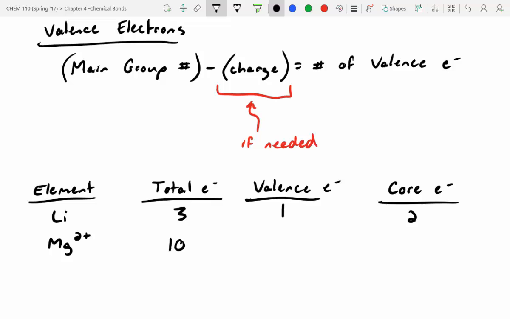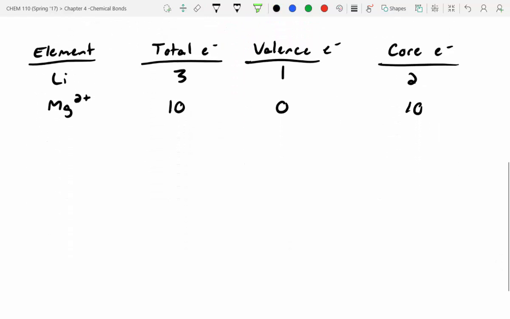Okay. How many valence electrons do you think magnesium has? 2. It normally has 2, but if we take away 2 electrons, so we would say 8 or 0. I'd be fine with that either way. Let's do 0 in this case. So we took away those 2 electrons that were normally there in that valence shell, which means we've got 10 core electrons. That's another way of thinking about it.